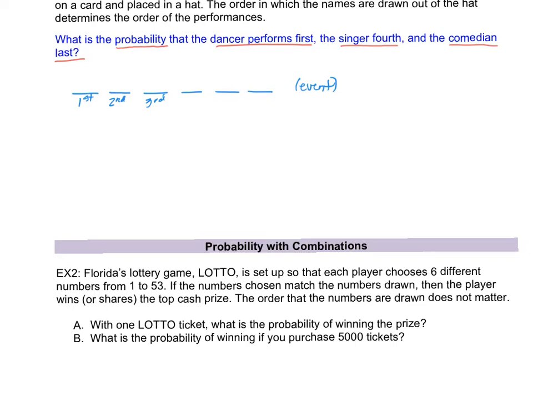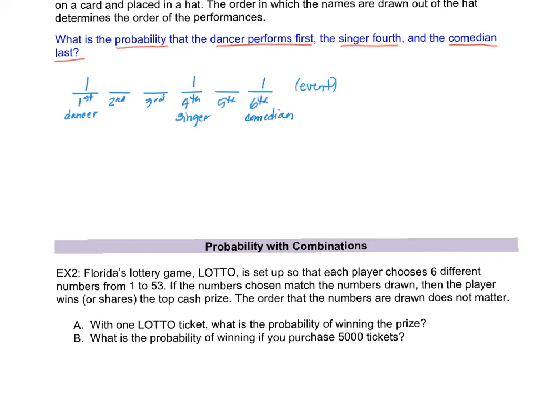So if the dancer has to perform first, I only have one choice on who's going to perform first. That's the dancer. So second, third, fourth. If the singer has to perform fourth, then I only have one choice for who's going to perform fourth. And that would be the singer. So we have our fifth act, and then the last would be the sixth. The comedian has to go last, so I only have one choice there. It has to be the comedian.